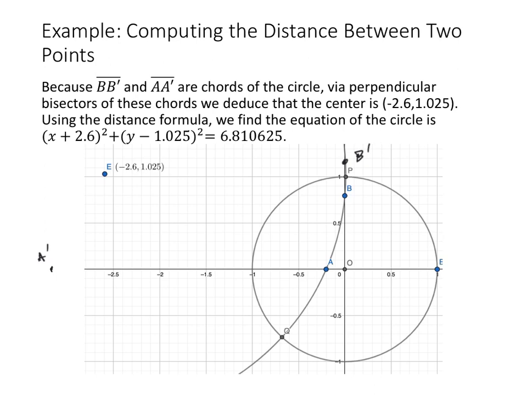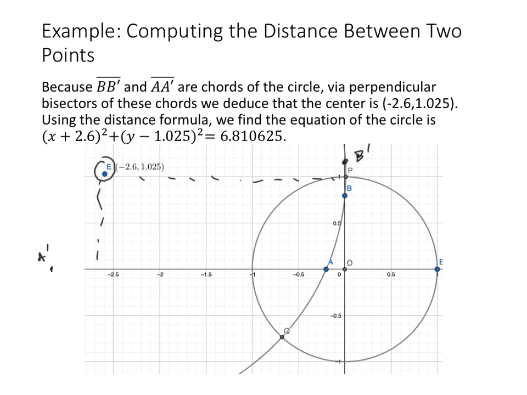The segments A to A prime and B to B prime are going to be chords in this circle that contains P, B, A, and Q. So if I look at perpendicular bisectors of those segments, I can find the center of my circle, which is going to be this E.